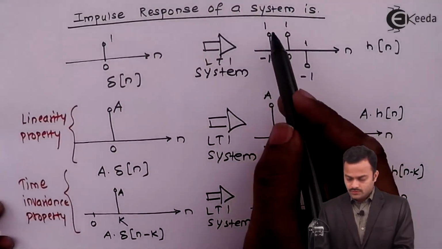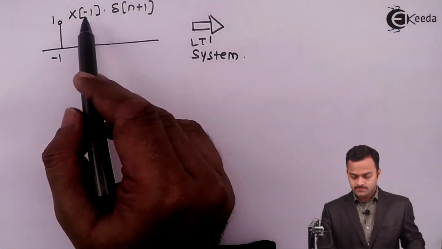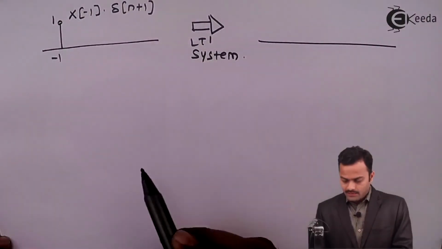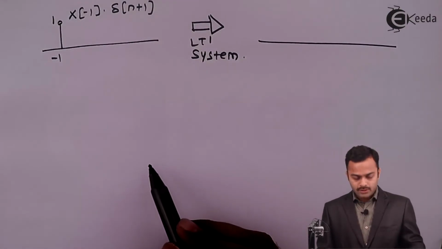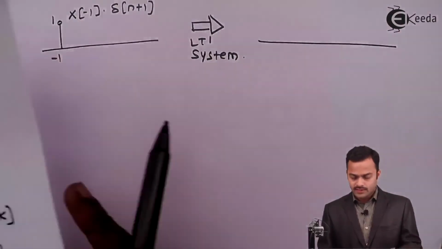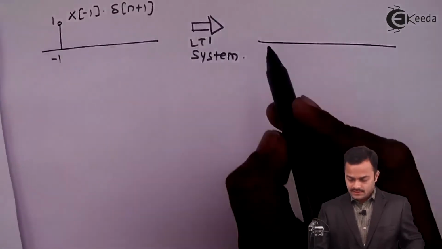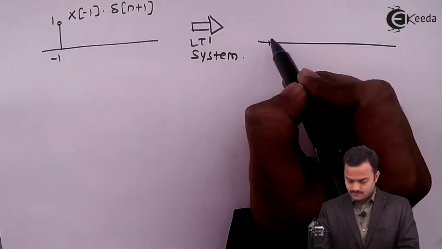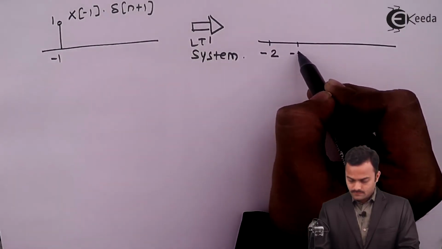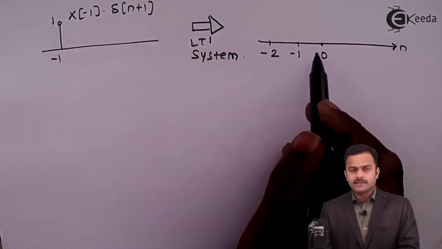Now what we need to do, this needs to be scaled by the amount x of -1, which is 1 in this case. So I will get a signal whose magnitude will be scaled by x of -1. At the same time, it will be advanced by 1 unit. So I will get a signal like this. It is advanced by 1 unit.